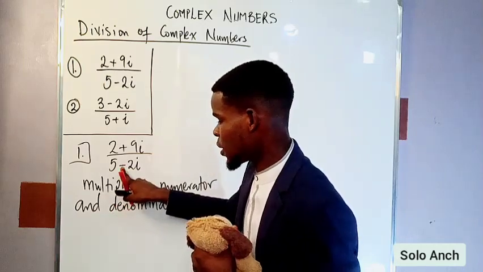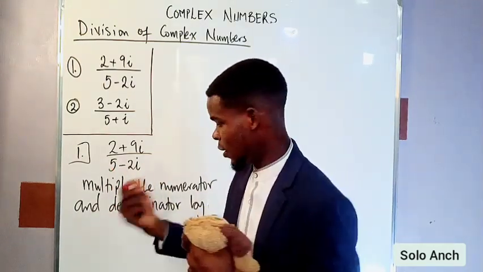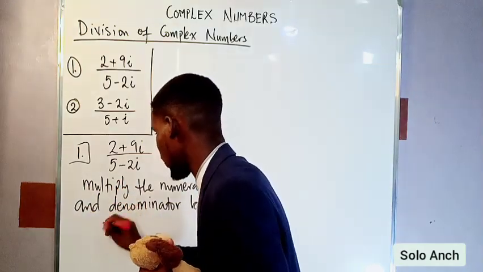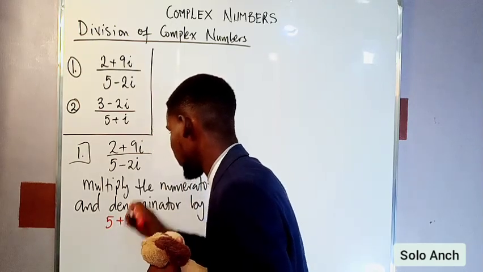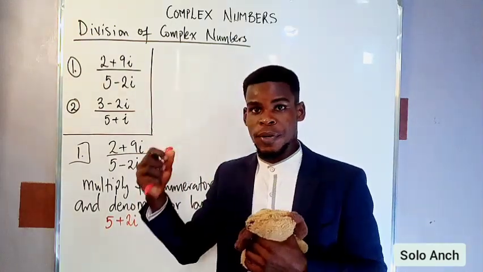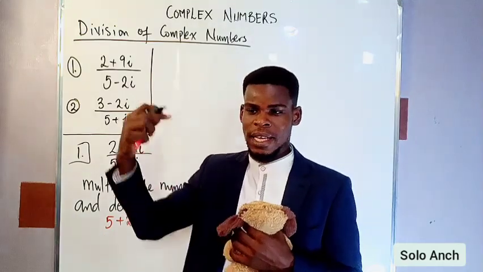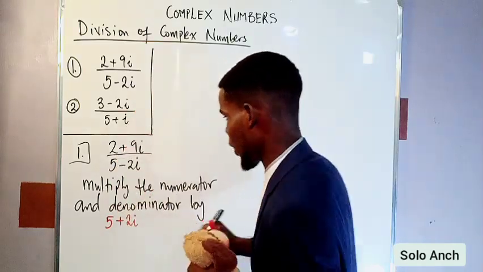So we multiply numerator and denominator by this. When you multiply numerator and denominator by the same non-zero number, you have not changed the original fraction.